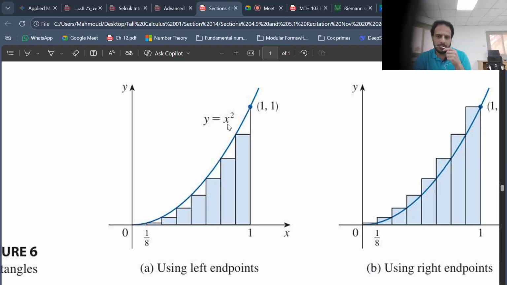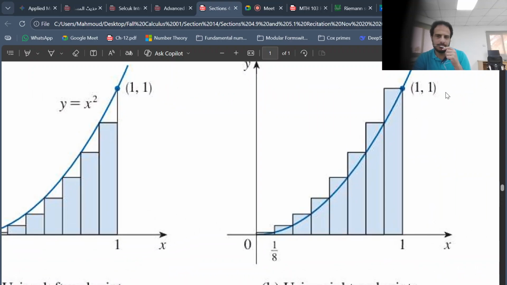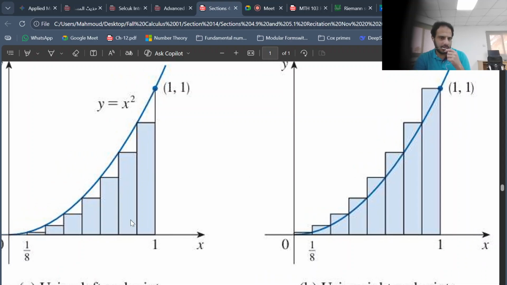Good. See the other one, right endpoint. So you see here that for this function, the right endpoints give you more than the area, right? Using left points, you get less than the exact result.